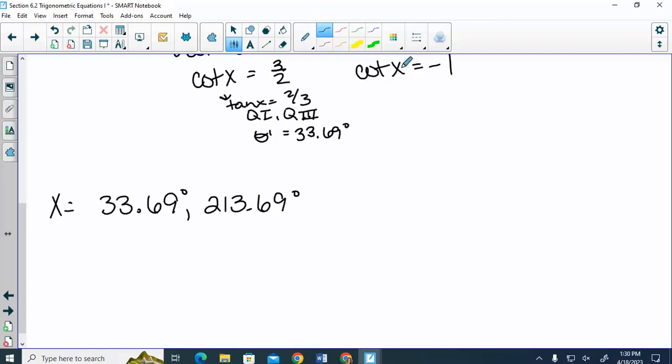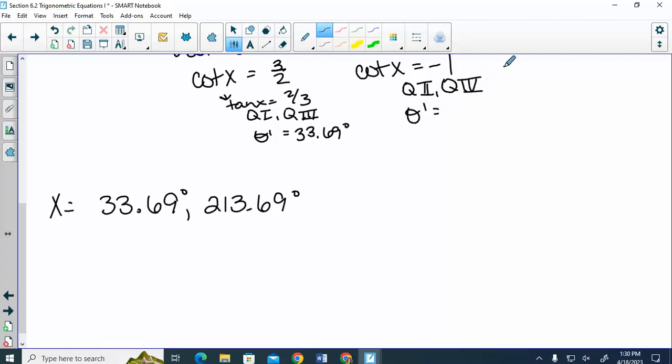This one. What would we do with that? What quadrants is cotangent negative in? Reference angle.